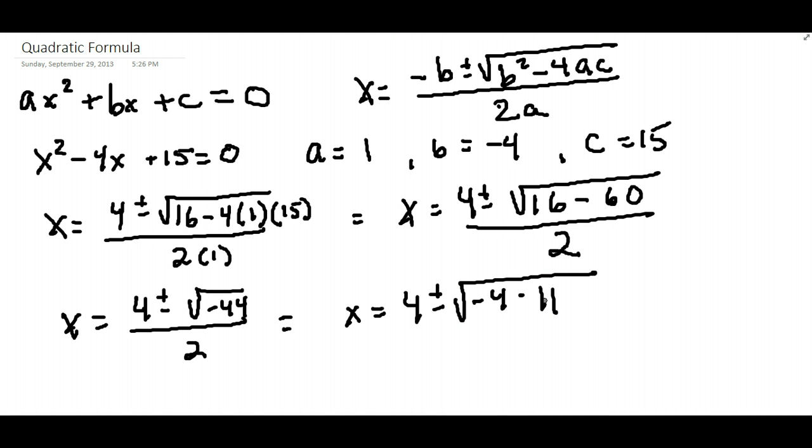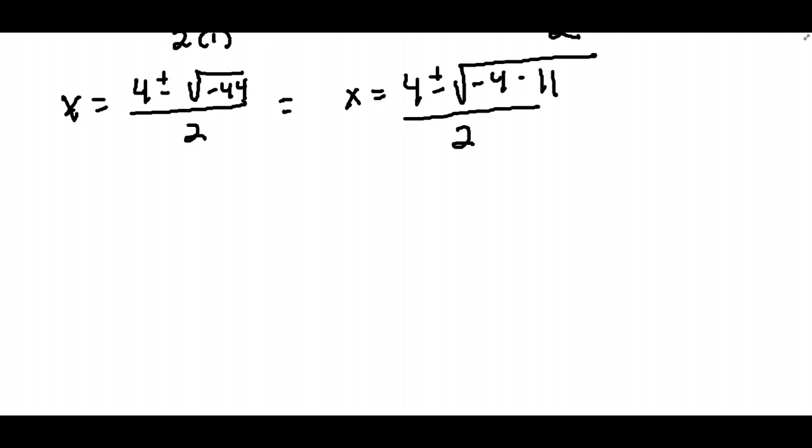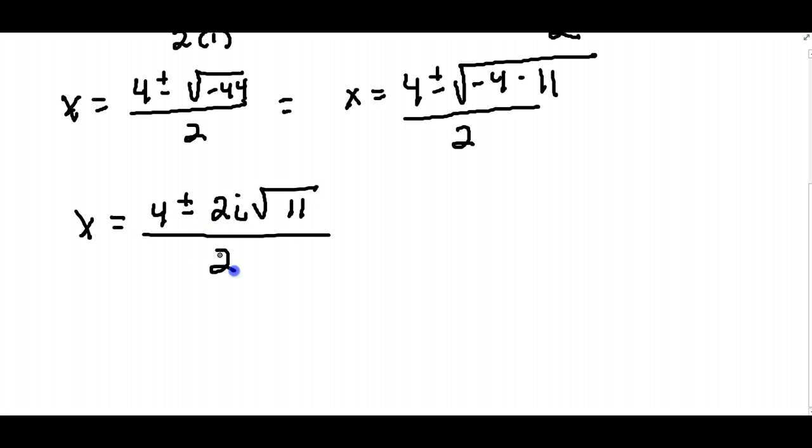I put that negative on there so we can pull that out as an i, all over 2. That gives us x equals 4 plus or minus 2i square root 11, over 2.